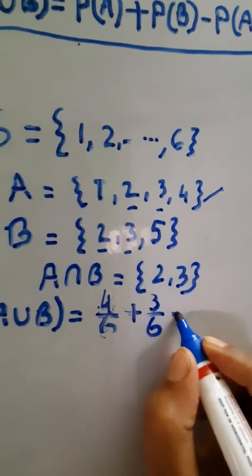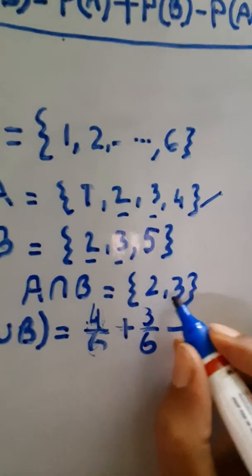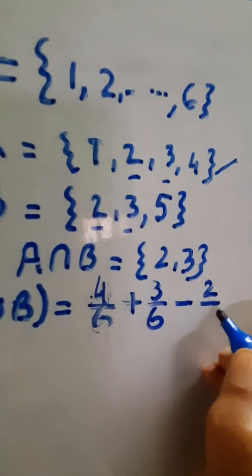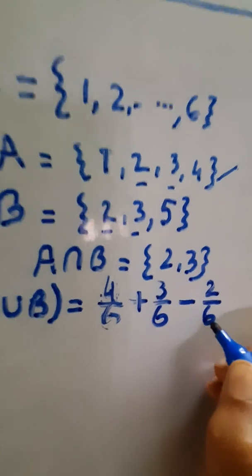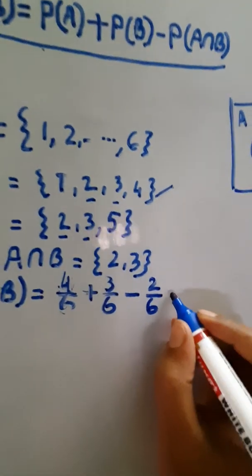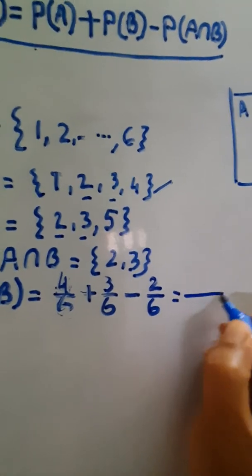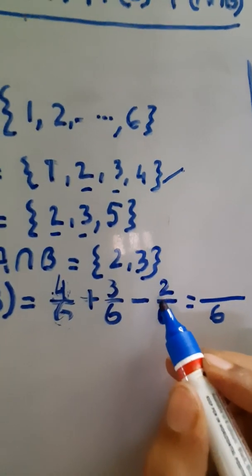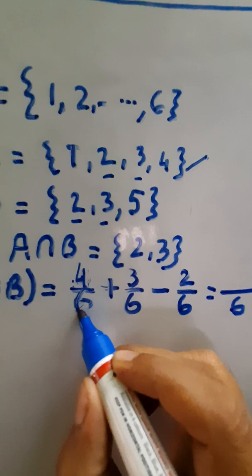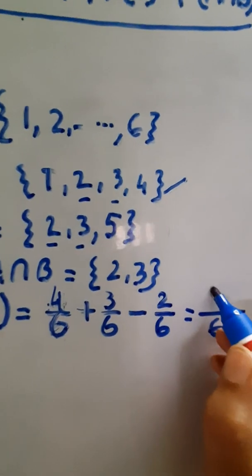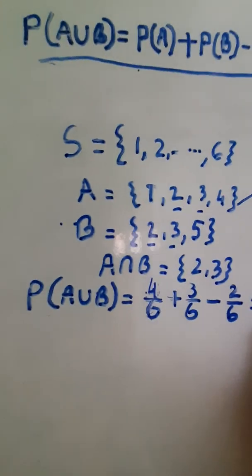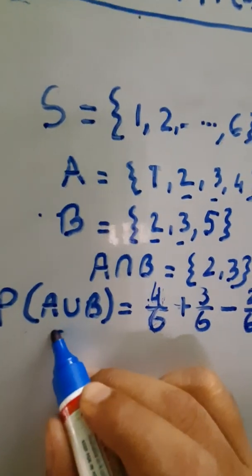And probability of A intersection B will be 2 by 6. So you can easily calculate the required probability. That will be obviously 4 plus 3 is equal to 7 minus 2, so that will be 5. So 5 by 6 will be the probability of occurring of the event A union B.